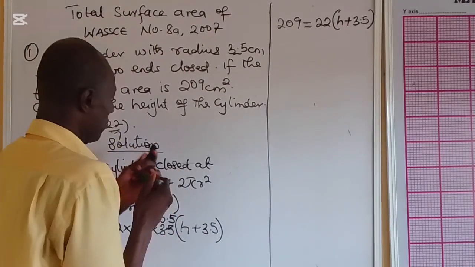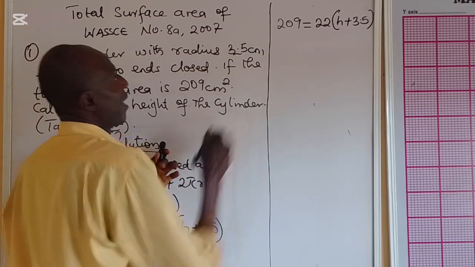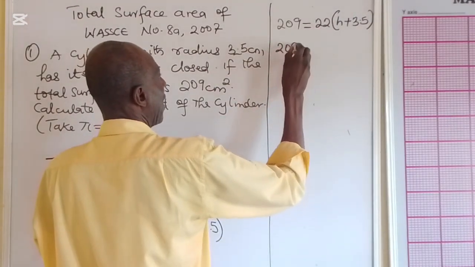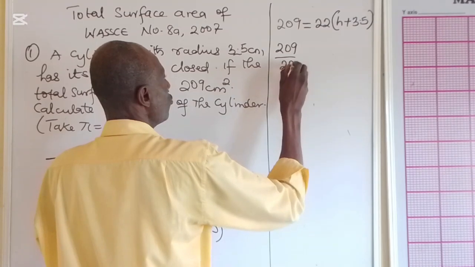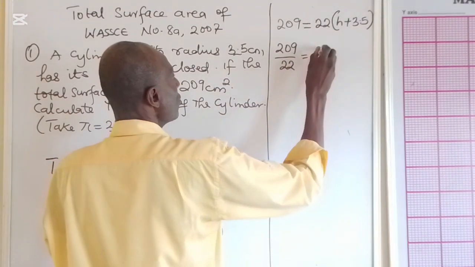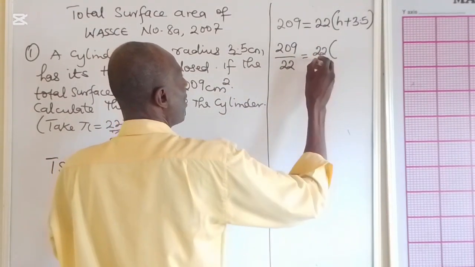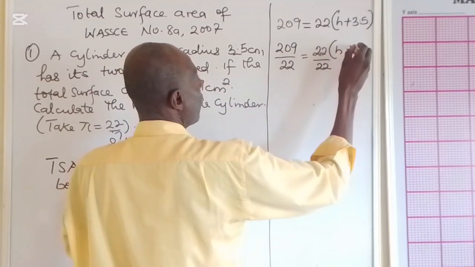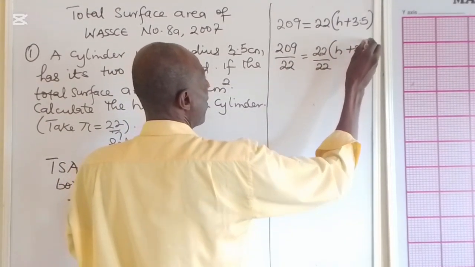Let's remove what is outside this bracket and we divide through by 22. So 209/22 is equal to 22/22 into height plus 3.5.